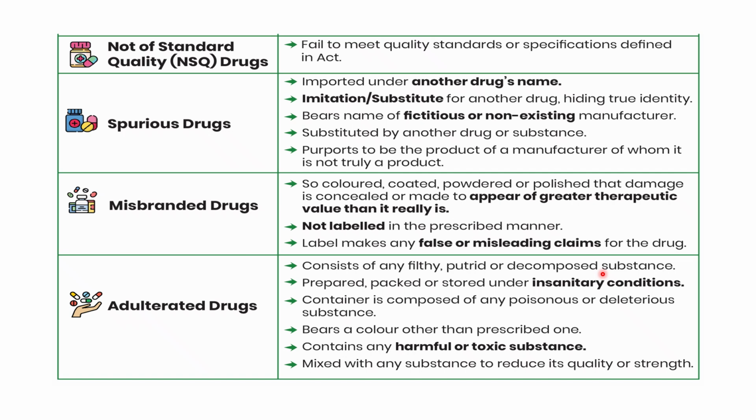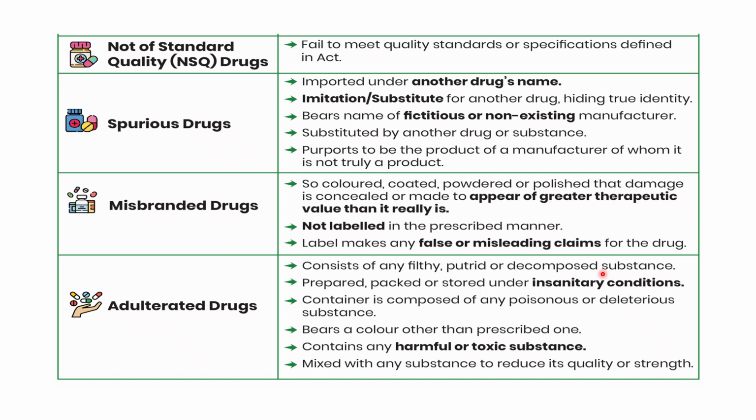Suppose my drug consists of 100% paracetamol. So instead of adding 100% paracetamol as per label claim, I'm adding only 50% paracetamol, and the other 50% I'm adding some decomposed material, some toxic material. Then it comes under the adulterated drug.